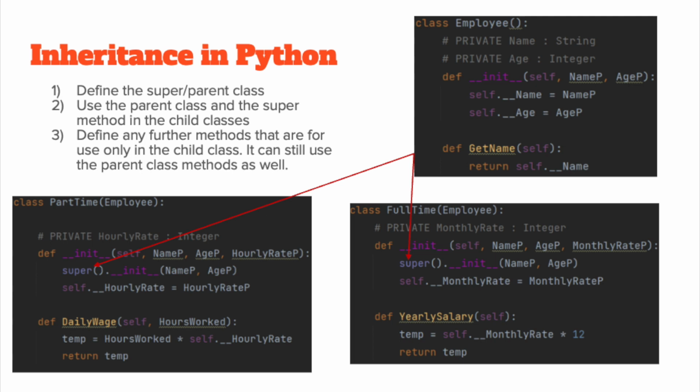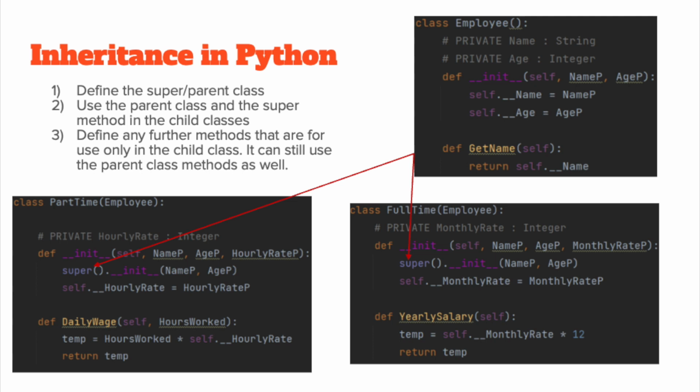So super.__init__, again private, name and age is present in both part-time and full-time employees' constructors. And then we refer to self.hourly rate or self.monthly rate. The daily wage and the yearly salary are also bespoke or unique to each part-time and full-time class respectively. So we're going to define them in each one.